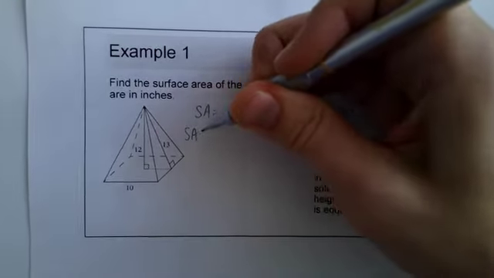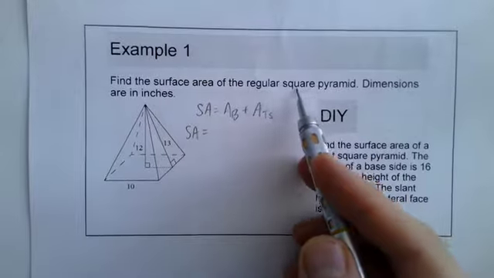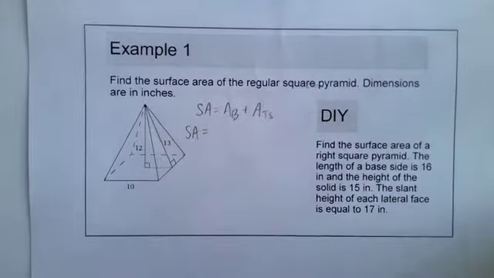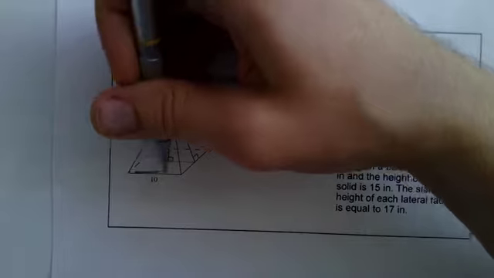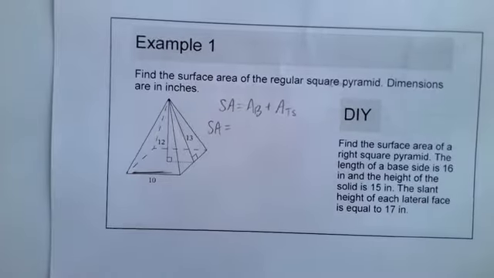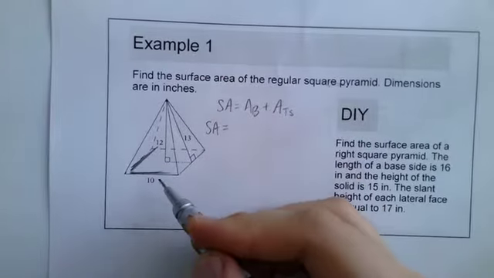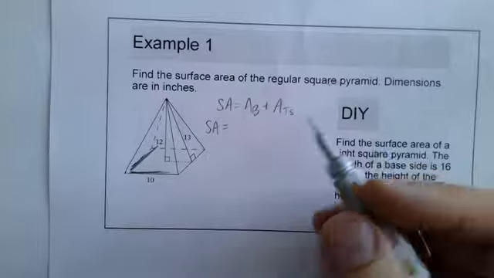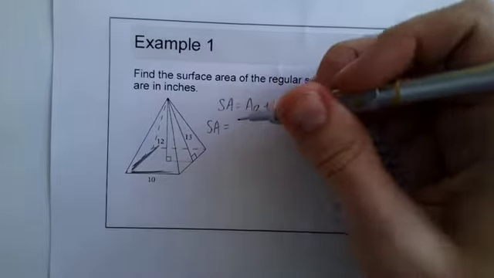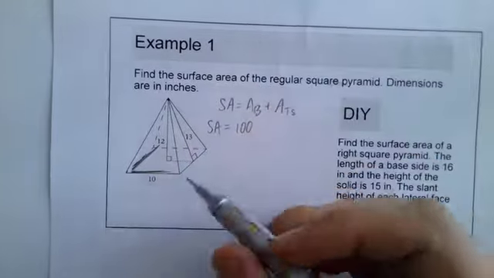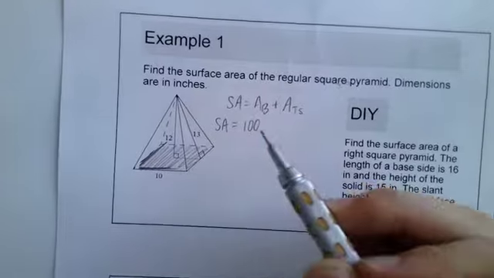They said it was a square pyramid, so the base is a square, and they gave us the length of one of the sides, which is 10. So the area of the base is 10 times 10, and 100 is just the area of this base.